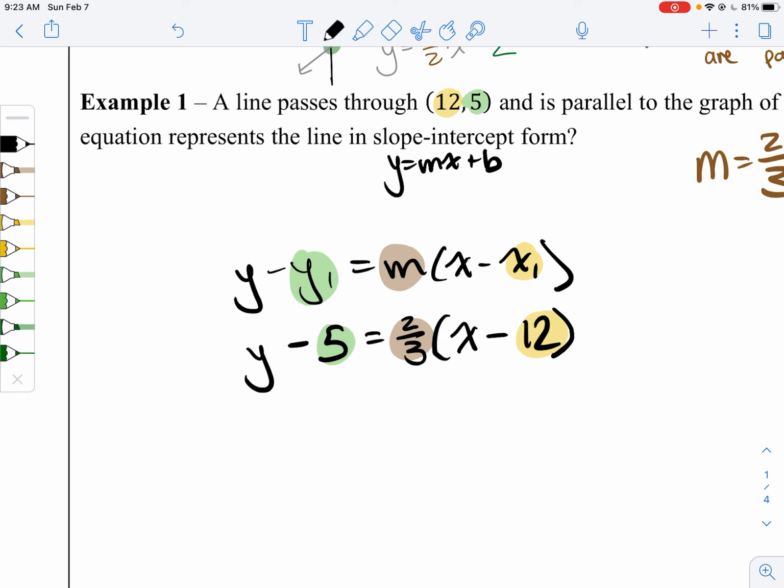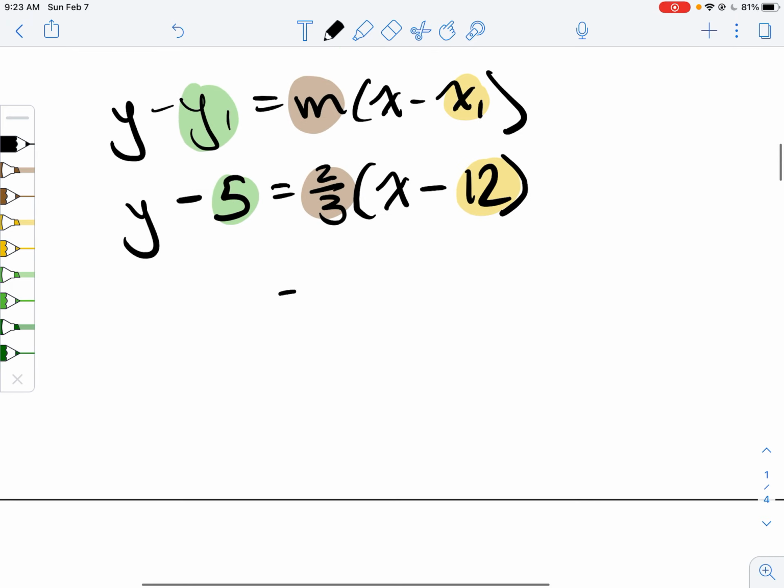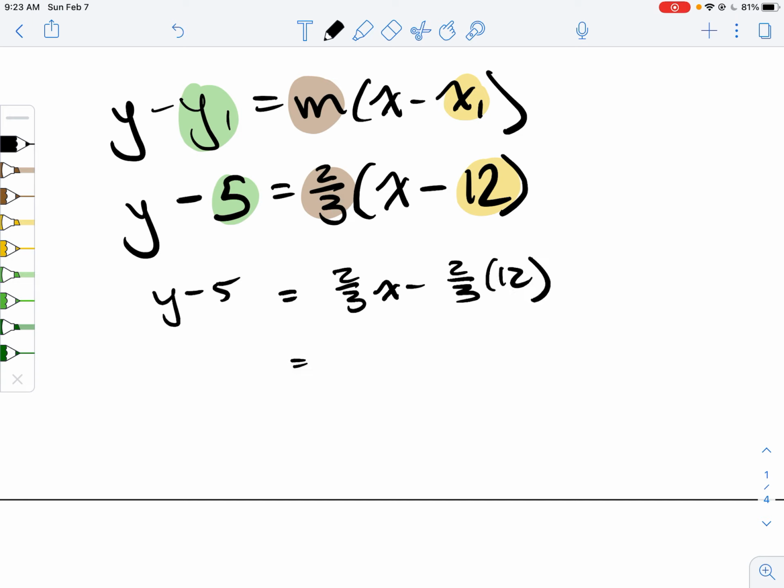We can just solve for y. So we have y minus 5 equals 2/3 x minus 2/3 times 12, which is 2/3 x minus, 2/3 of 12 is 9. Just kidding, it's 8. Man, I'm on a roll today.